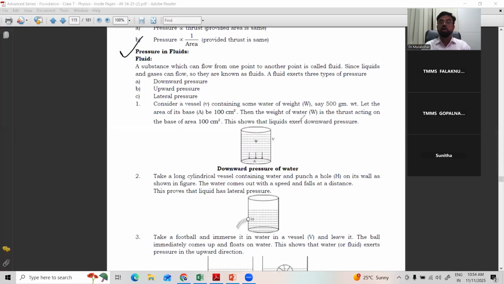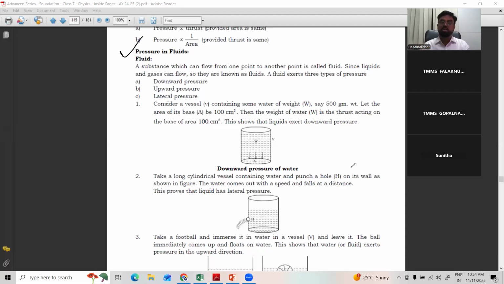Then pressure in fluids. Fluid is nothing but that which flows. Suppose when you keep a pen on a table, it will remain there only. It won't move forward. But when you drop some water on the floor, or release some gas, they flow.